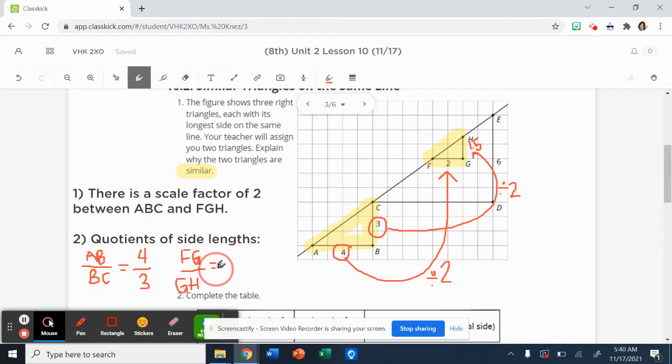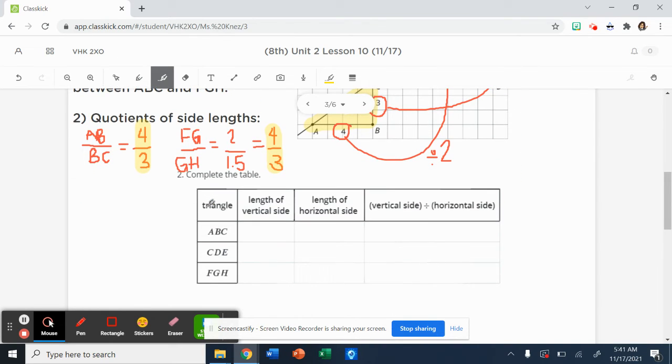So we can rewrite this fraction, 2 over 1.5, just by simply multiplying the numerator and the denominator both by 2. And you'll notice that FG over GH is also equal to 4/3. And if you typed either of these into a calculator, you would end up with 1.33333. So we can see that the quotients of the side lengths are the same, which is another way to prove similarity.